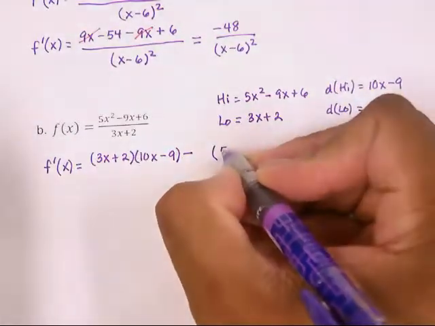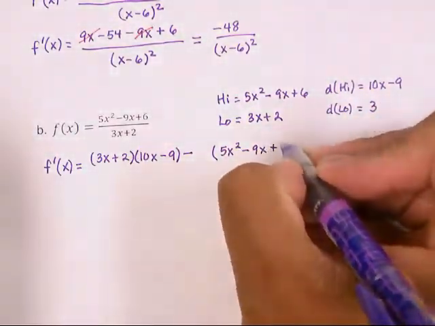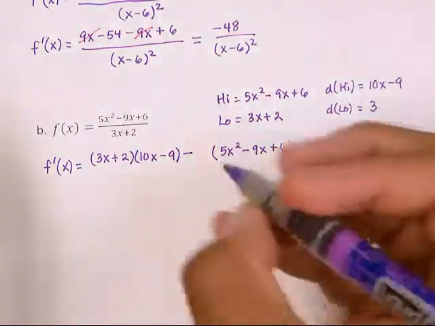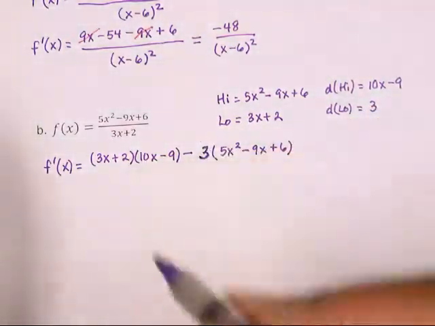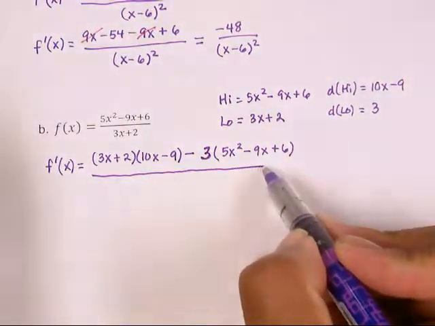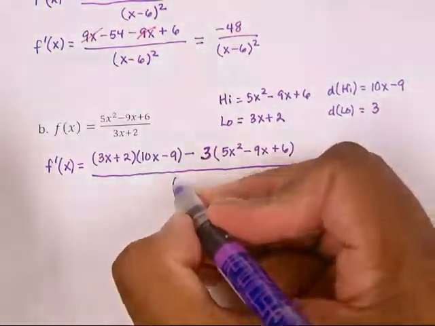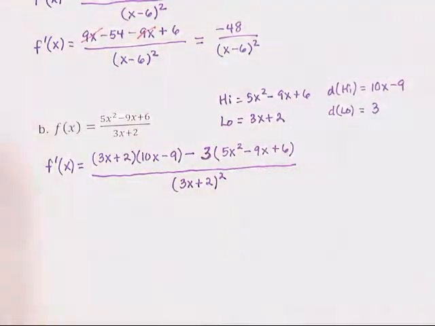I'm going to leave some space here, because I'm going to put in front of it the derivative of the low, which is just a constant. That's just going to be 3. So I'm putting a 3 in front. And then all that's going to be divided by the square of the low, (3x plus 2) quantity squared.